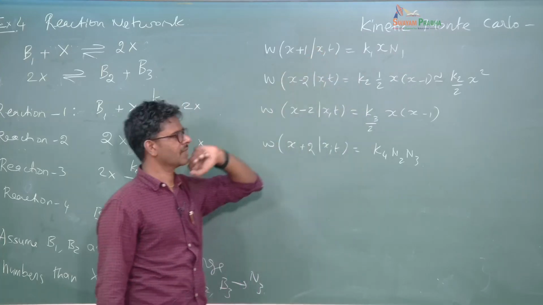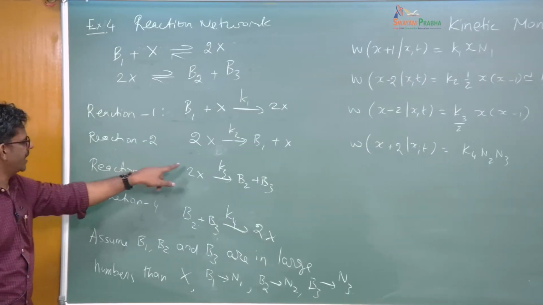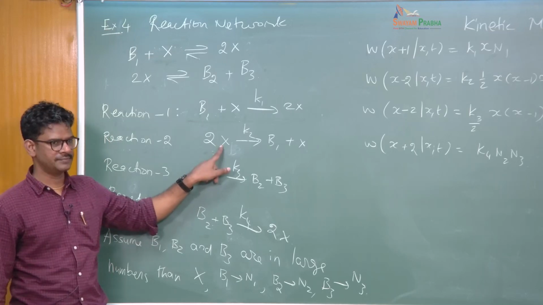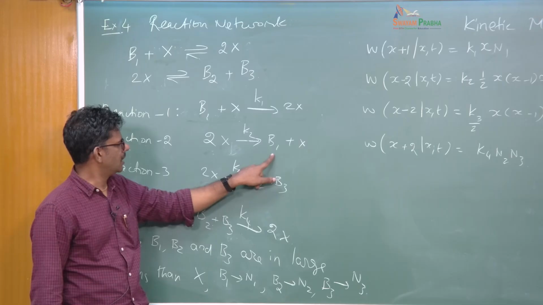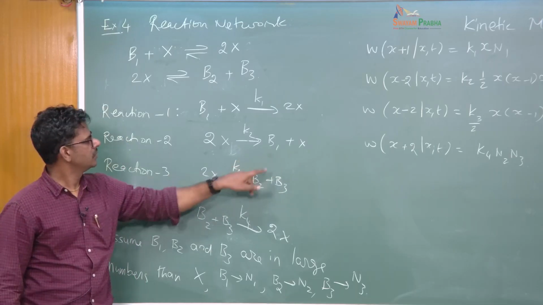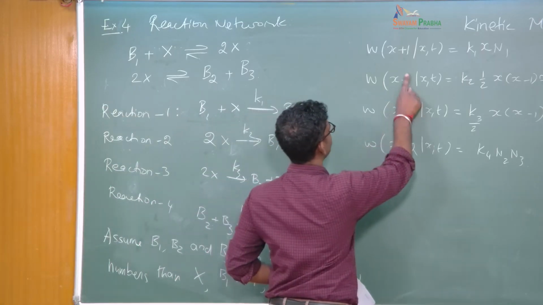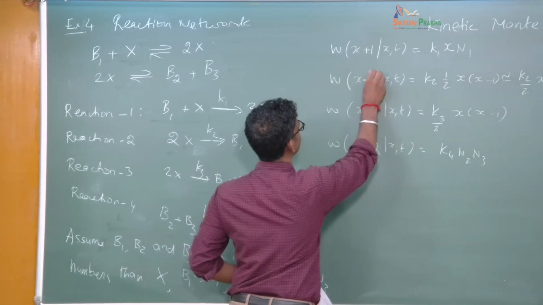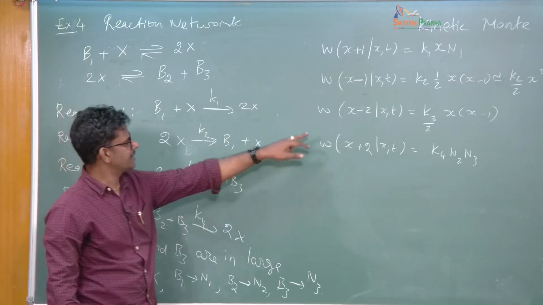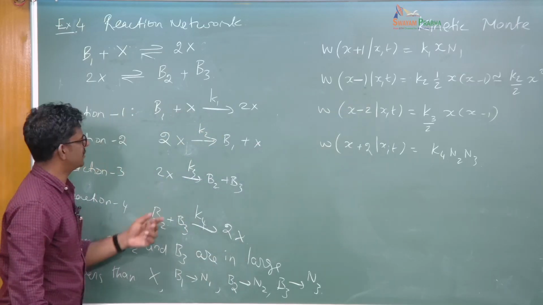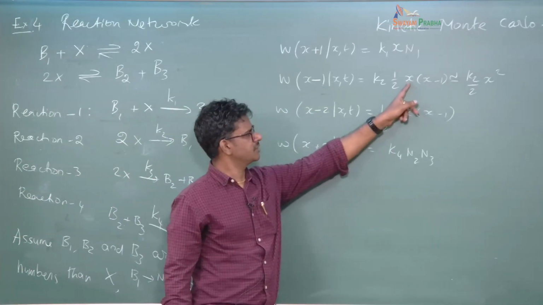as a constant. Similarly, when I come to the second reaction, 2 molecules of X give rise to 1X and 1B1. So actually I should have this as X minus 1. One molecule actually decays, and the rate of this depends on the binary collision between X molecules.